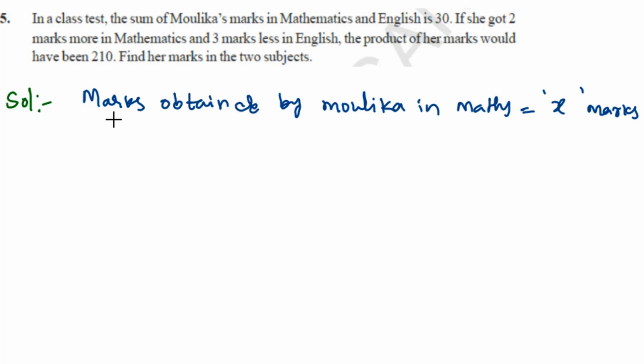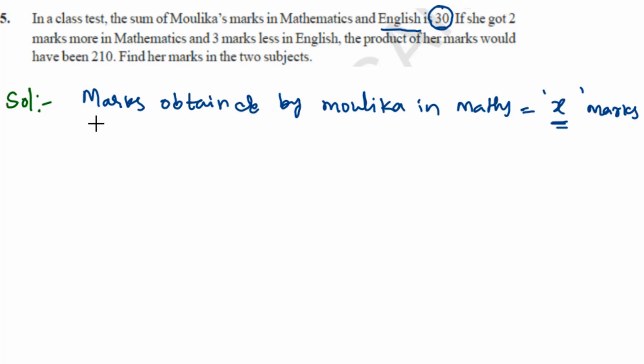So now can we say the marks obtained by Moulika in English? Here we have the total marks, that is 30. This is the sum of the marks of Moulika in mathematics and English, and we assumed the marks in mathematics as x. So from this total, if we subtract the mathematics marks, then we get the marks obtained by Moulika in English.